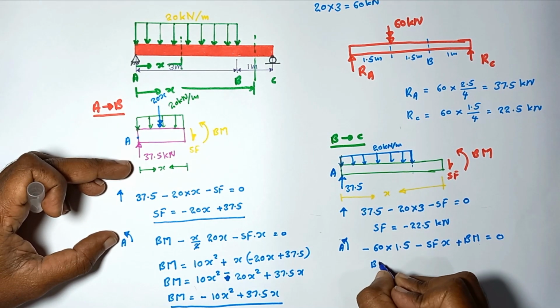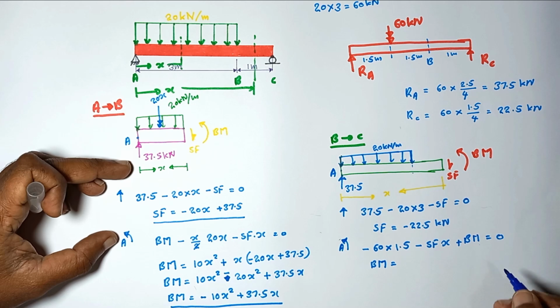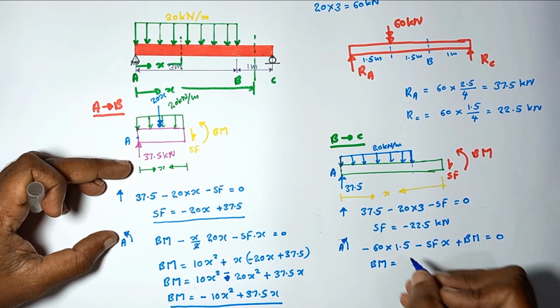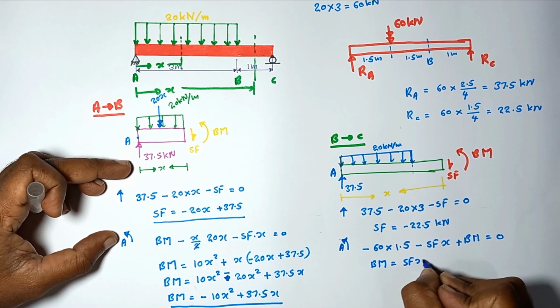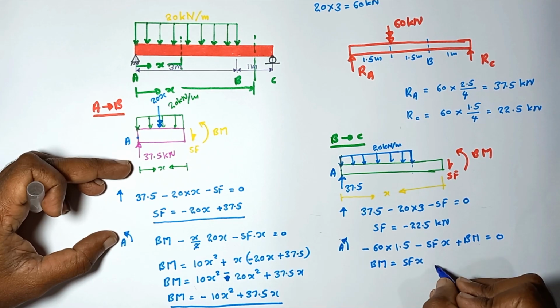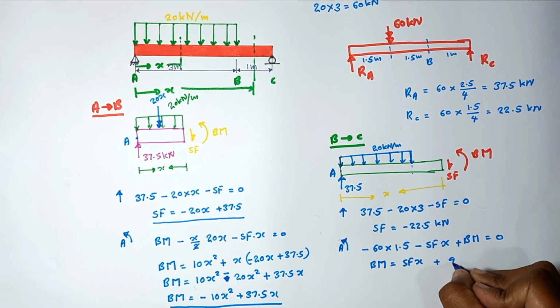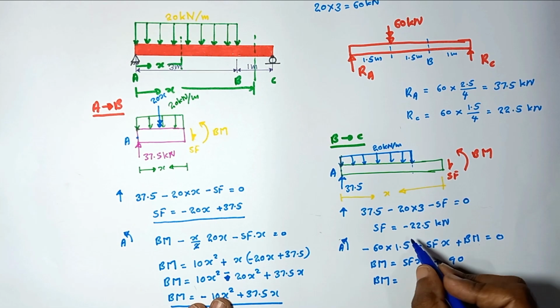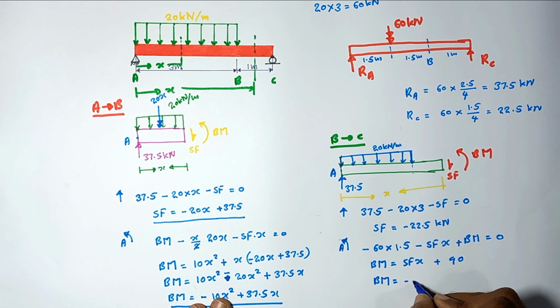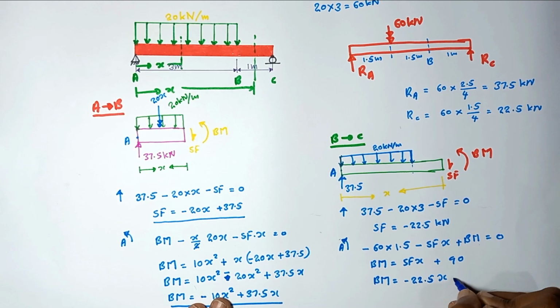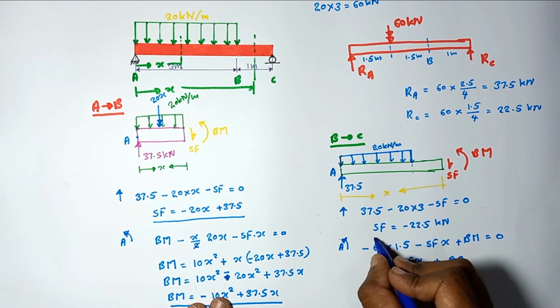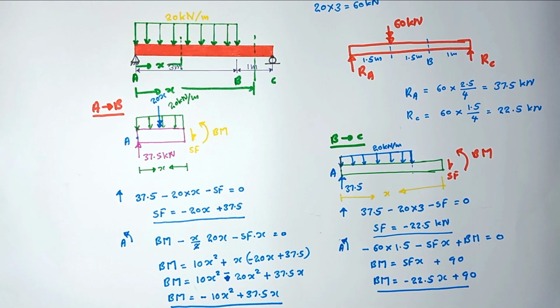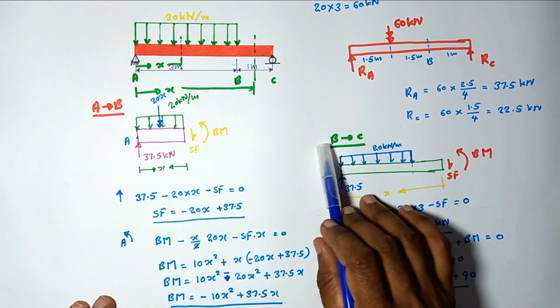So the bending moment is equal to shear force into x plus 90. The shear force is minus 22.5, and the bending moment is minus 22.5 into x plus 90. This is the equation for the shear force and the bending moment for the beam segment B to C.